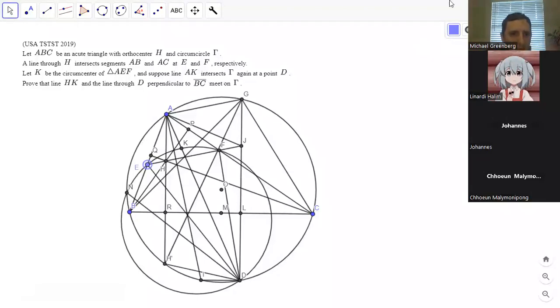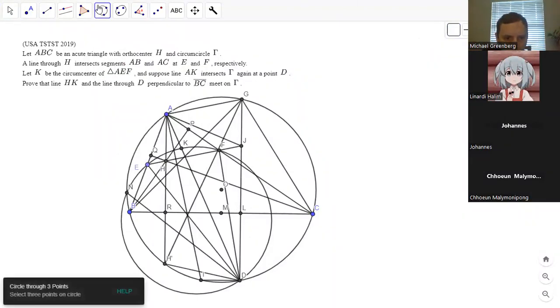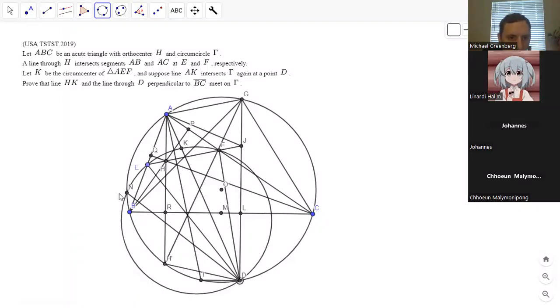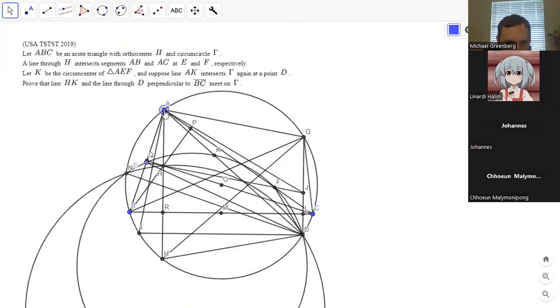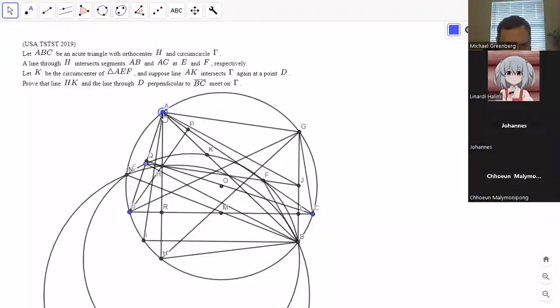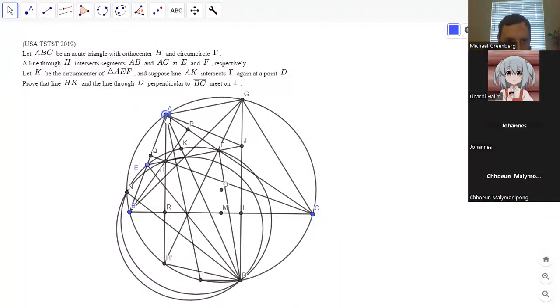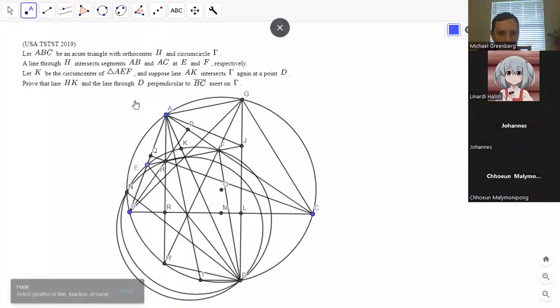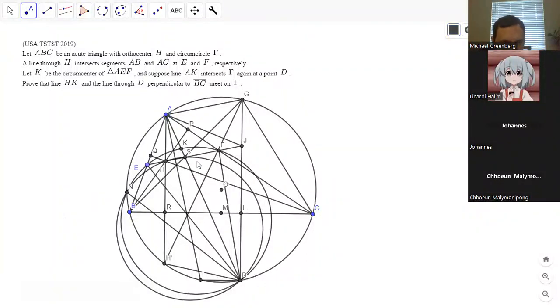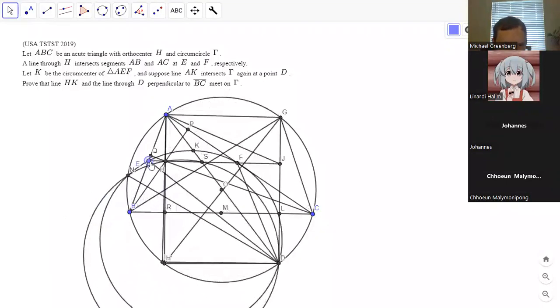HND, I wonder if that's cyclic. Now it looks like those points are cyclic actually. So let's see if that's true.